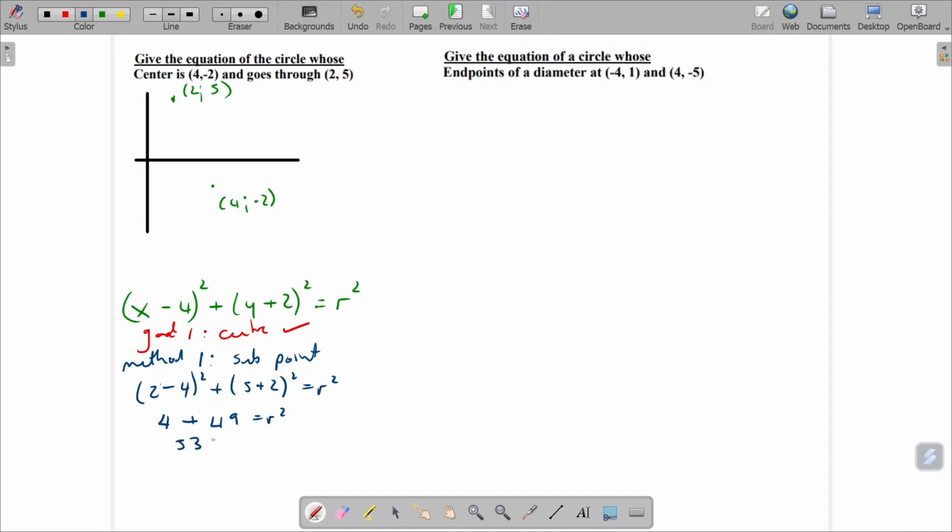So 53 equals r². We've got an answer then of (x - 4)² + (y + 2)² = 53. Okay, so there we've got our first method.